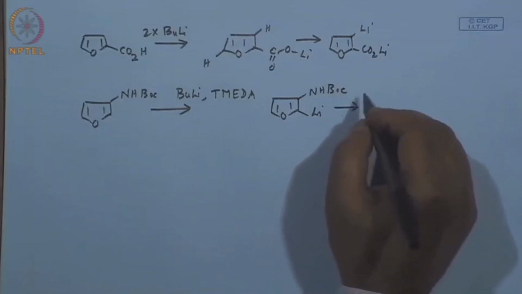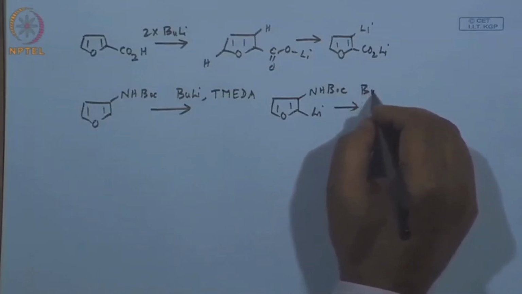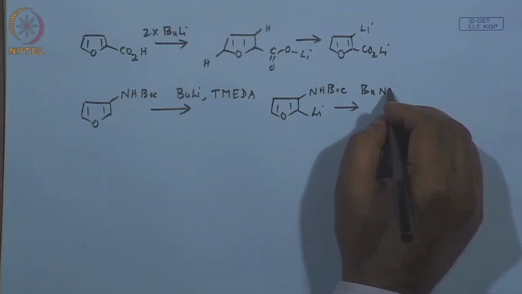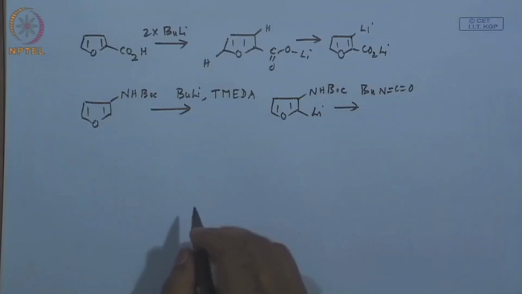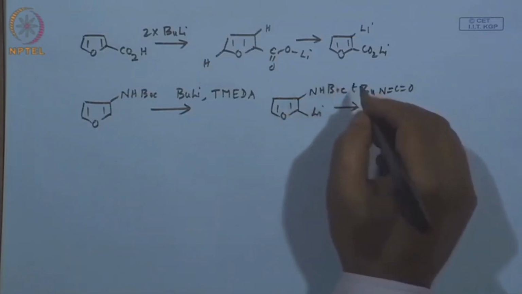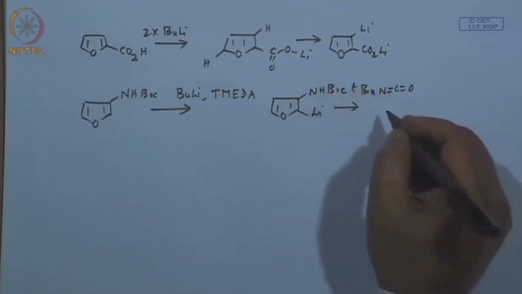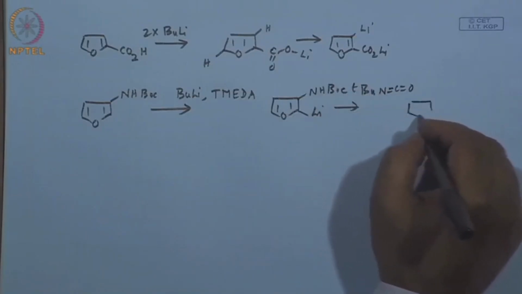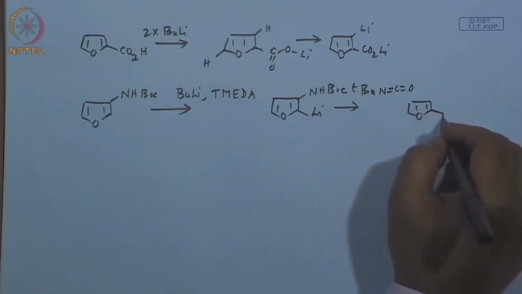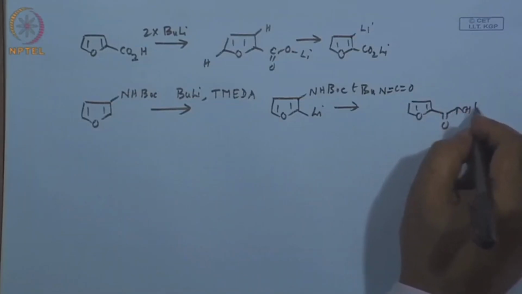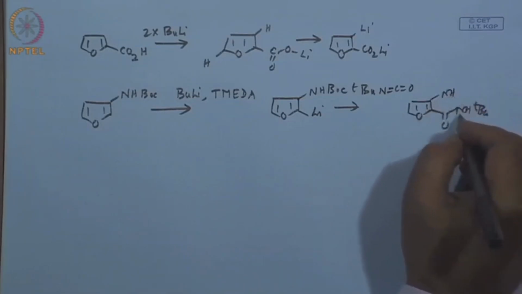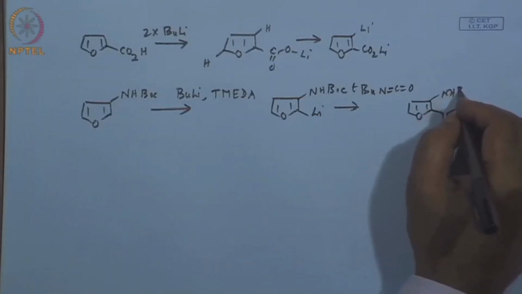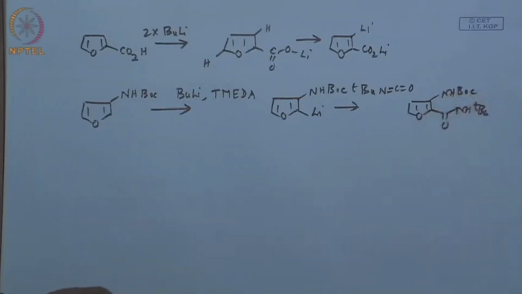And in this example, it has been reacted with an isocyanate, tertiary butyl isocyanate, because it is pretty reactive, and also it can give the corresponding amide, and most of this sort of amides, many of you know, are used as agrochemicals.